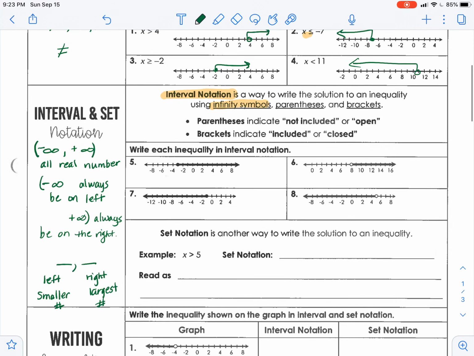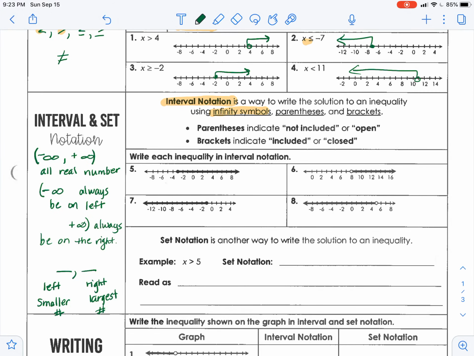So what I like to do is look at your graph, and I kind of think left and right. So when I look at this, on the left, what I see is a closed circle. Well, with interval notation, guys, what we do is the bracket, and what a bracket looks like is this here.